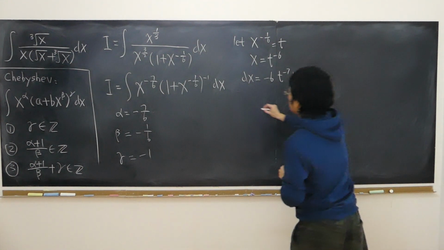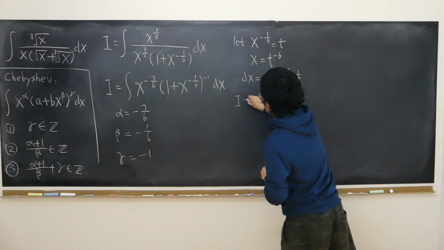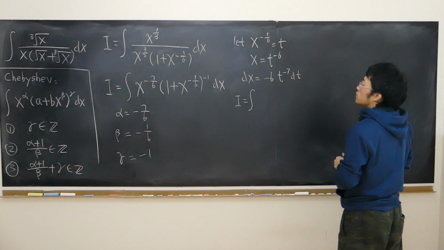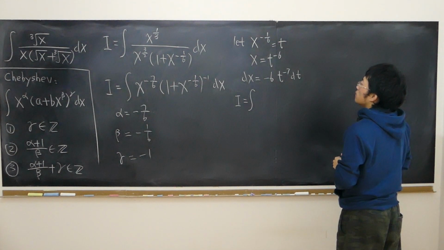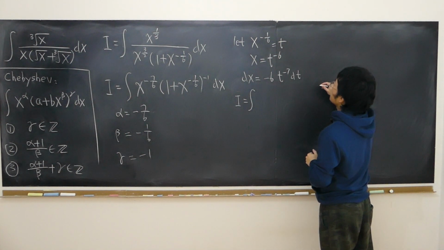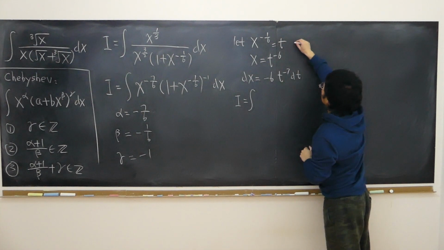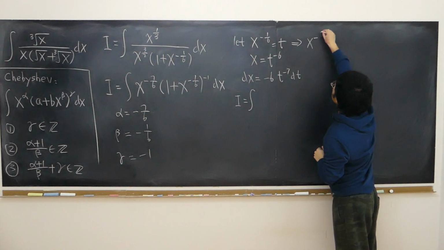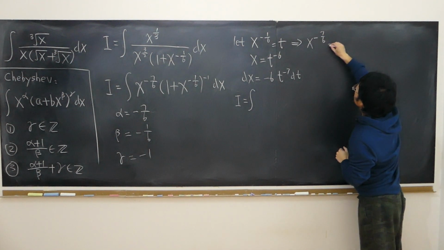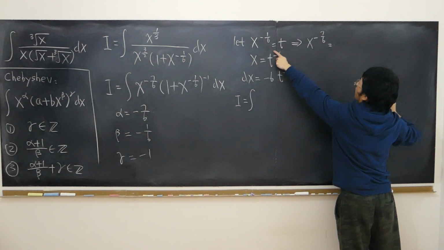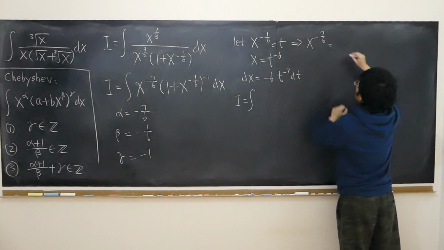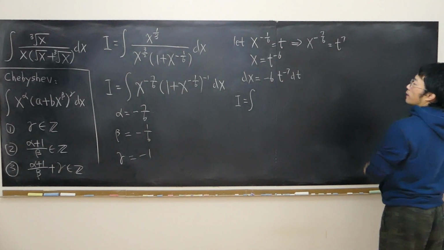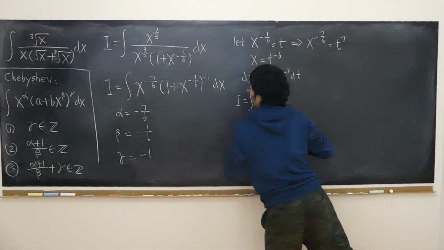I'm going to rewrite the I into, first of all, x to the minus 7 over 6. This implies that x to the minus 7 over 6, raising both sides to the power of 7, becomes t to the 7.